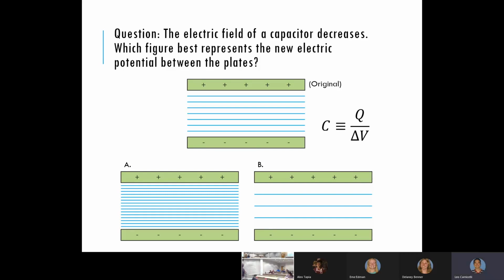So yeah, could you repeat what you said about the capacitance being a constant of proportionality between something and something? Yeah, you could think of it as a constant of proportionality between the charge on the object and the change in electric potential. In some ways it's just rewriting this.